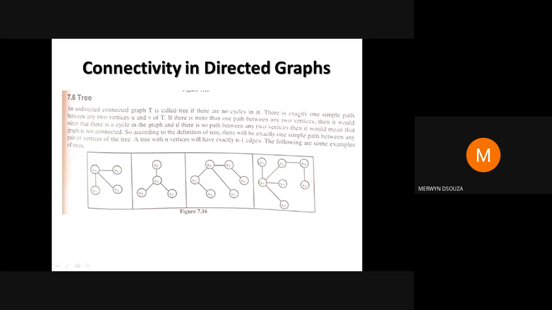In more technical words, there is exactly one simple path between any two vertices u and v of that tree. Yesterday we saw the meaning of a simple path: all the vertices are distinct in that path. You take any two vertices and there will be exactly one simple path.